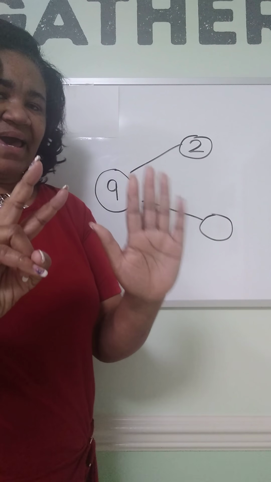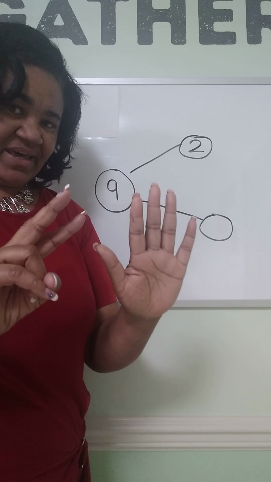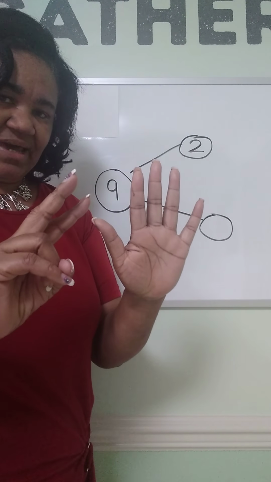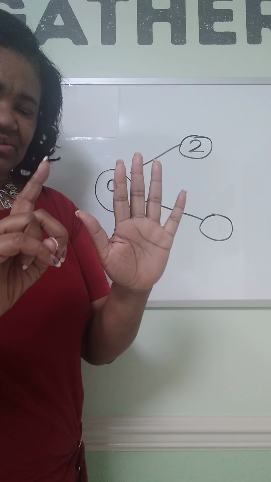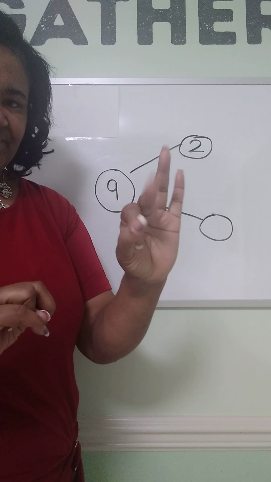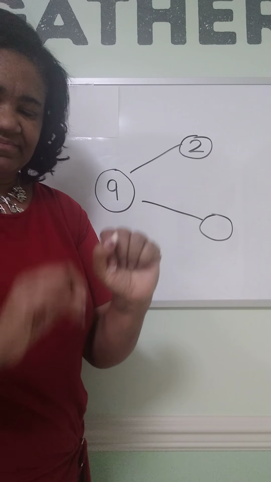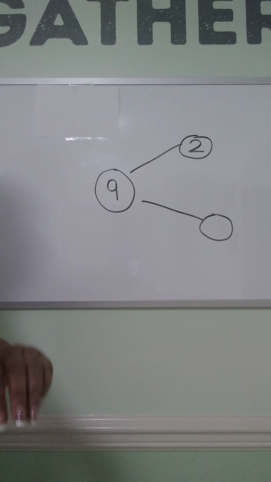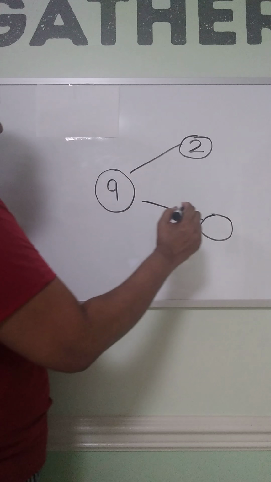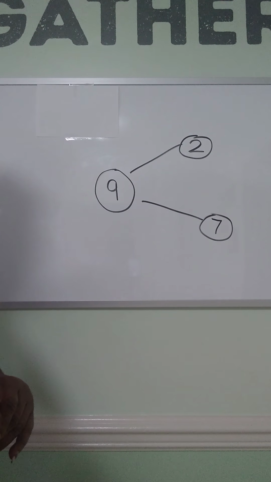So now, how many fingers do I have left? So let's count. 1, 2, 3, 4, 5, 6, 7. So we have 7 fingers left. So we're going to put the number 7 in this block.